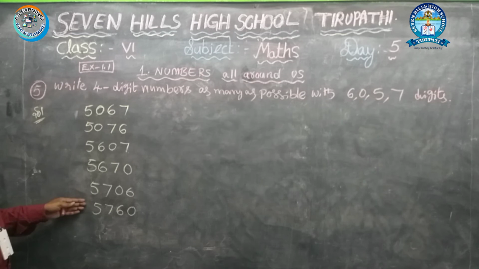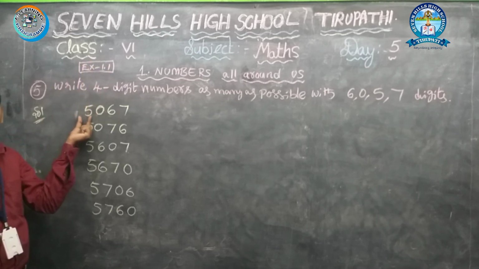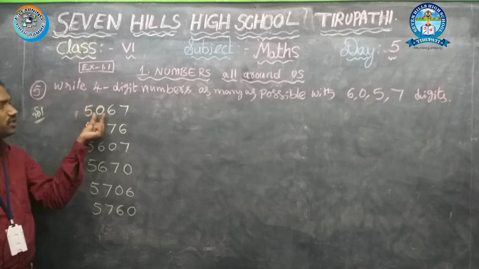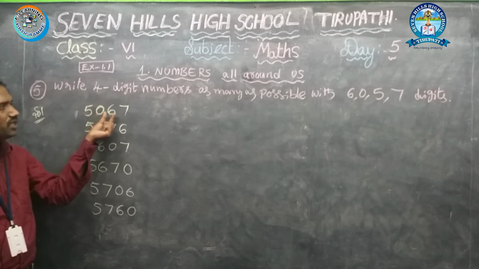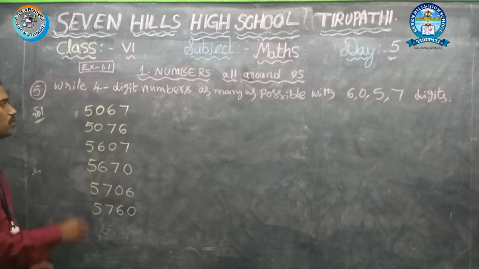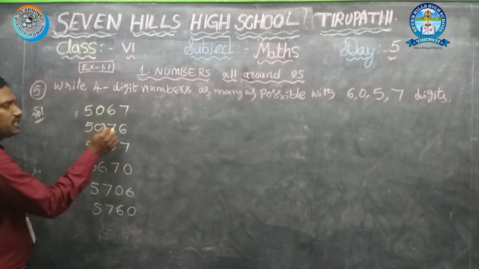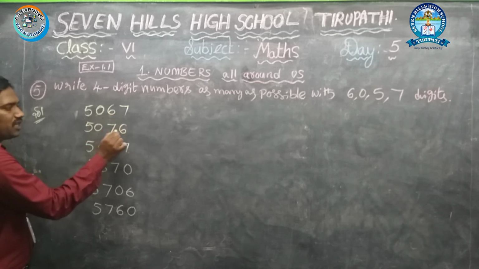In the 5 series, first of all write the smallest number. 0 is the smallest number, but we have taken it in the second place. So 5, after that the smallest number is 0, then 6, then 7. Now in the 50 series, just replace these 2 numbers, 7 and 6.